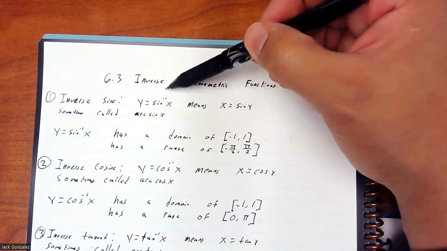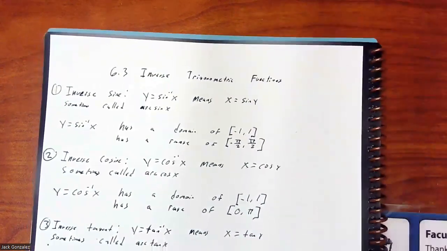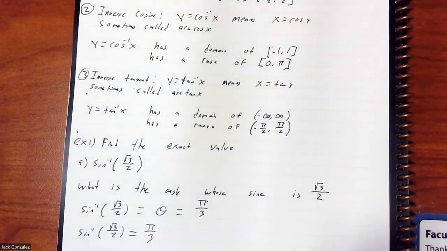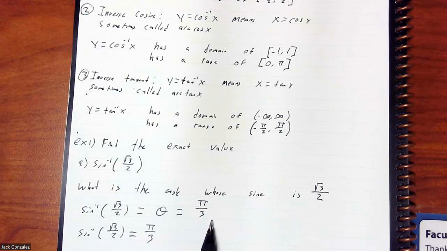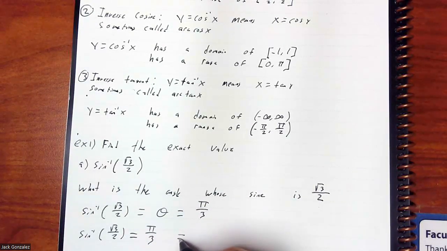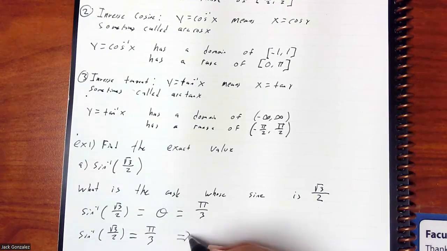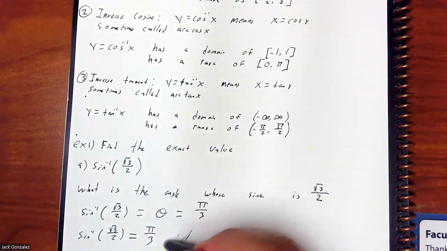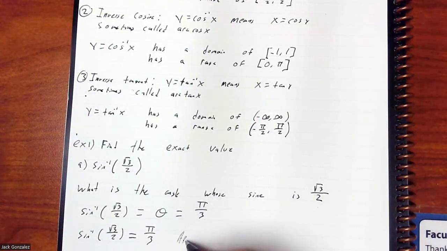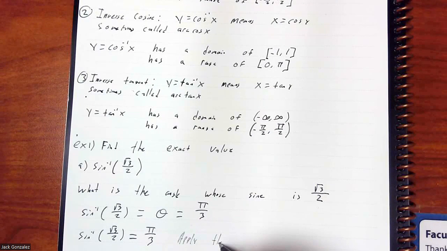Some angle equal to this means this. They didn't ask for that, they just wanted this, but just so we know, apply the definition.